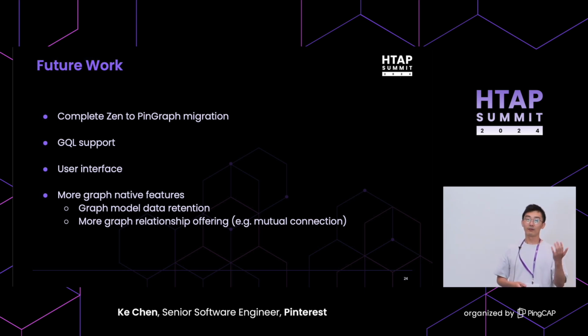Right now, as mentioned, everything is on Thrift API, so sometimes it can be quite tedious to compose some of the complex queries there. And GQL could be our North Star. We are going to build a friendly user interface to boost the customer velocity. And last but not least, we want to continue evolving the system with more graph native features offering.